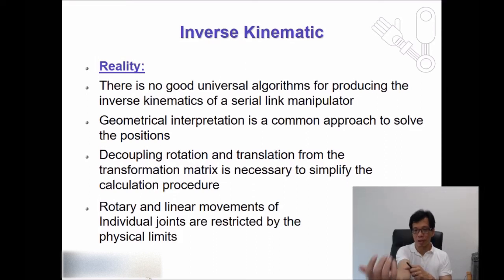You can actually see, if this one is 0 degrees and you move this up, you can go up to about 150 or 160 degrees only, because that's a limitation of human beings. So when you have those kinds of considerations, you also need to embed those restrictions into your design.